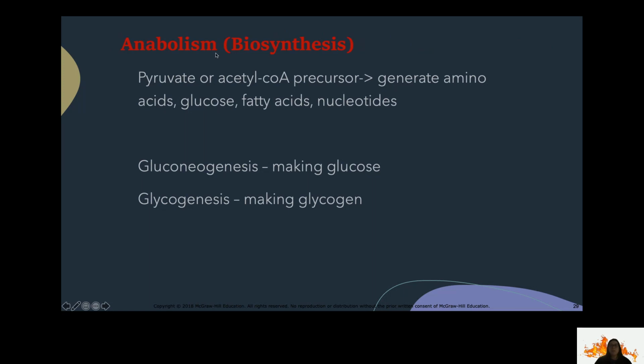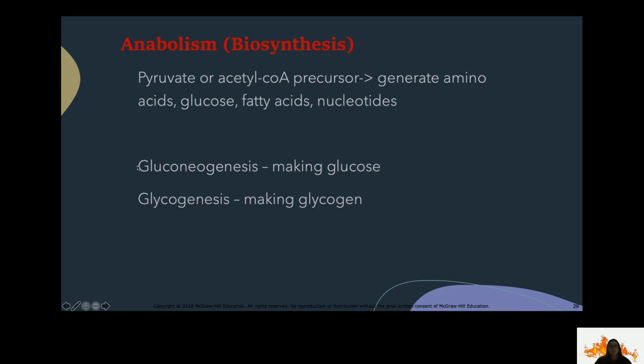Pyruvate or acetyl-CoA, those precursor molecules, can generate the necessary building blocks for amino acids, for glucose to become even larger polysaccharides, for fatty acids to become more complex fats, or even for nucleotides to become nucleic acids.